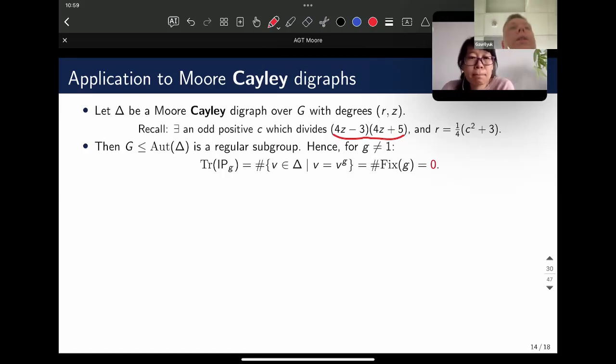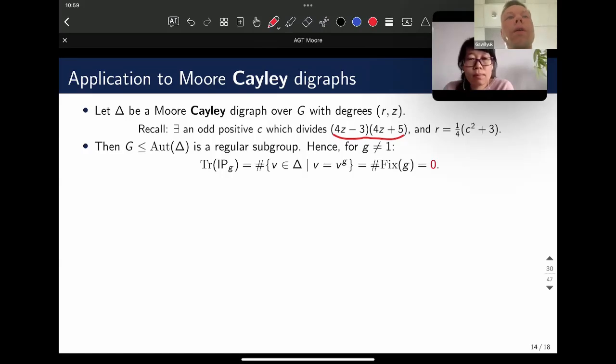Now, since we assume that delta is a Cayley digraph over the group G, G is a regular subgroup of the full automorphism group of delta. So we can consider only automorphisms which belong to this regular subgroup.